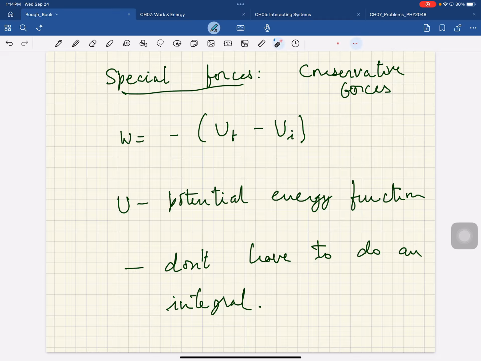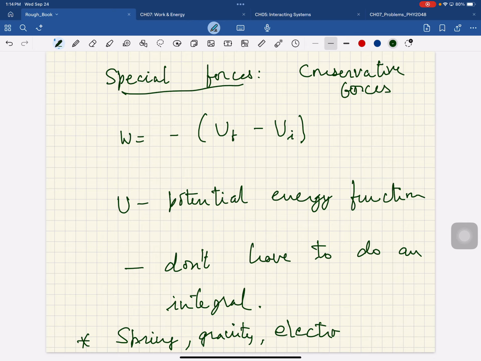And you will learn only the 3 conservative forces that you'll study are spring forces, gravity, and electrostatic. And we'll learn about these over several chapters.